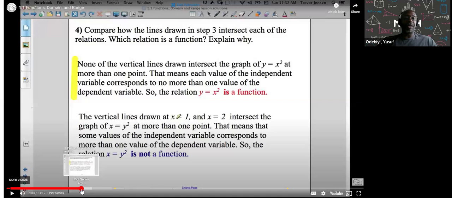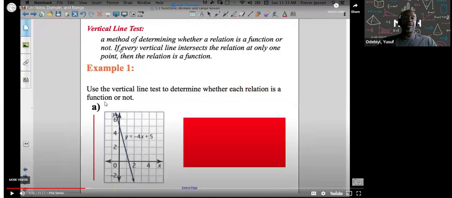Now we're looking at functions and we're going to determine if this is a function or not. Would you think this is a function if you look at this? This graph here was just a line, and it shows you y is equal to -4x plus 5.